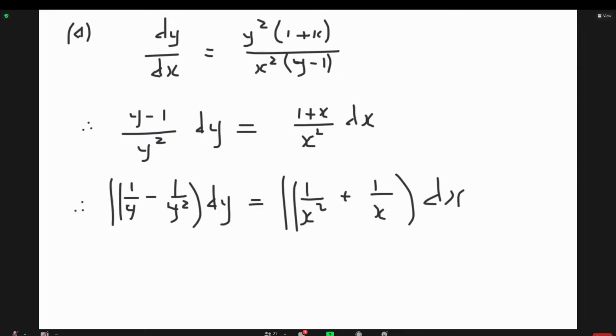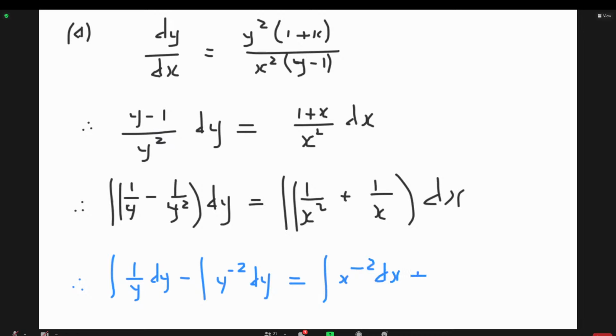I'm spelling it out, so when you're revising, see how easy, and you could integrate this.